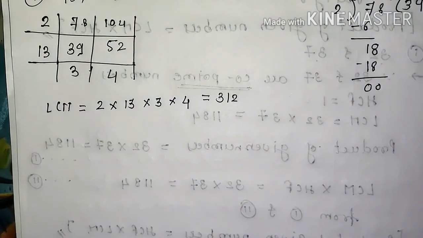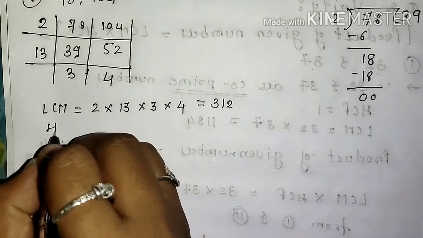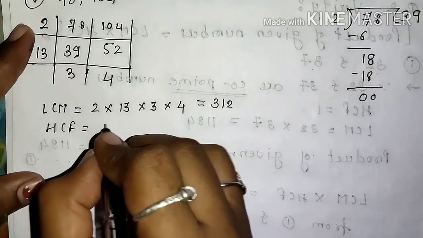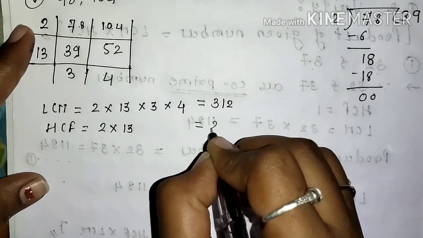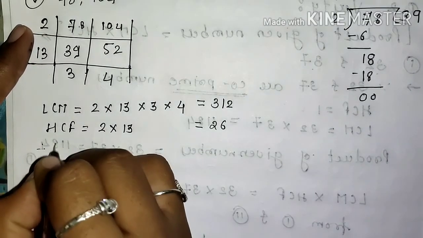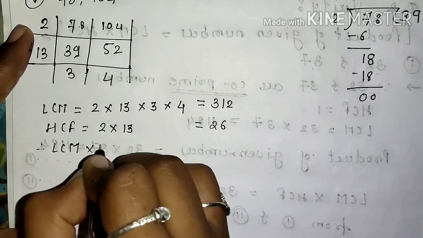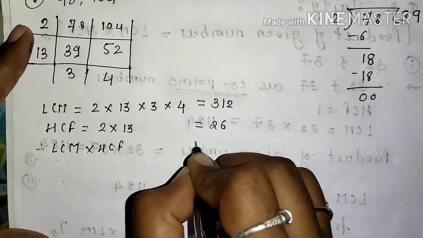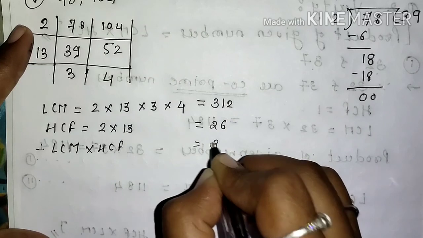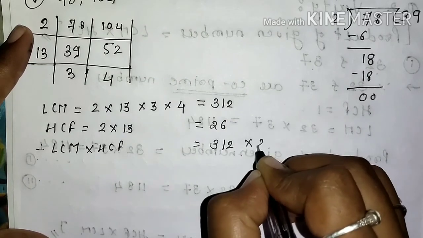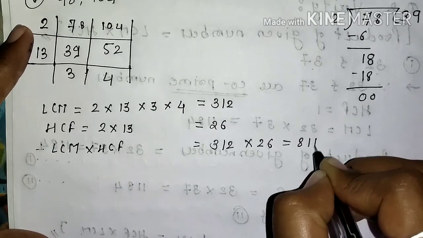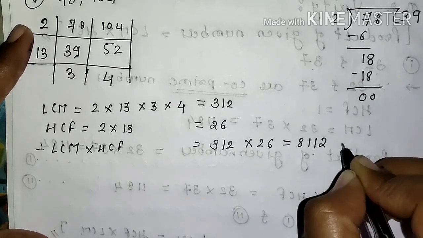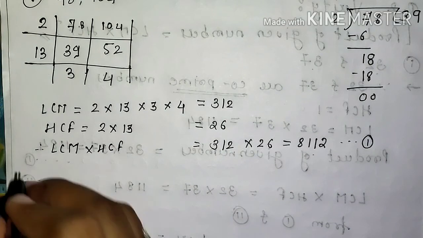And HCF is equal to 2 into 13, which is equal to 26. So hence LCM into HCF is 312 into 26. Give it number 1.